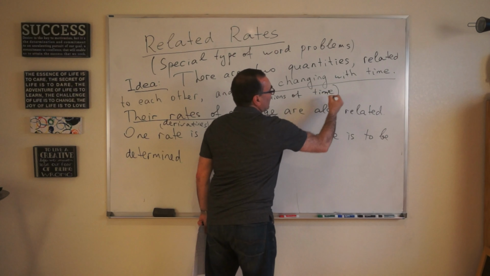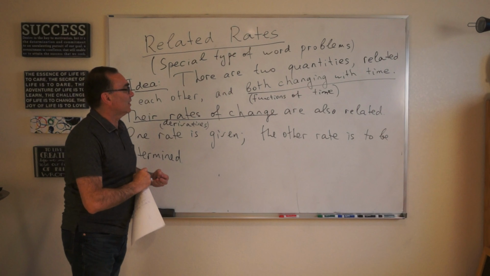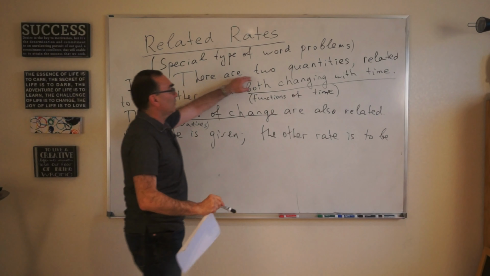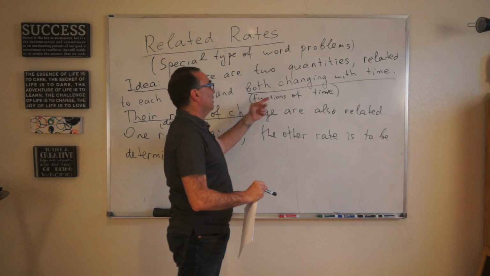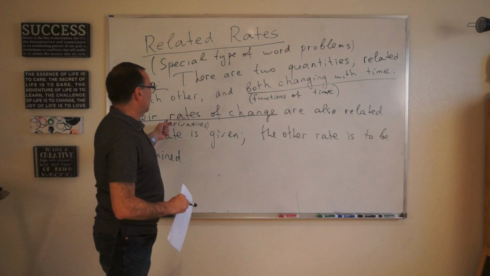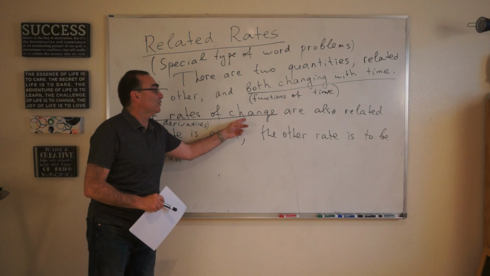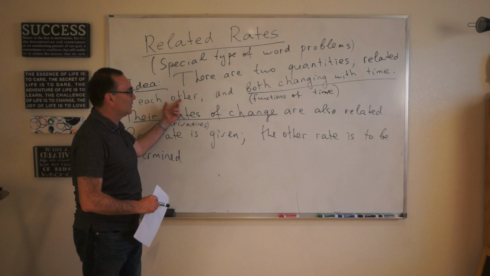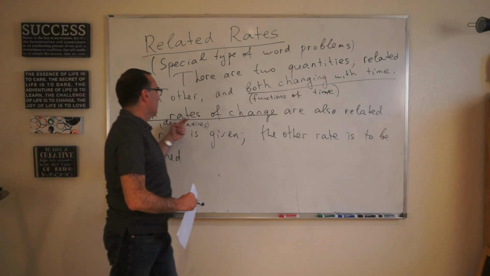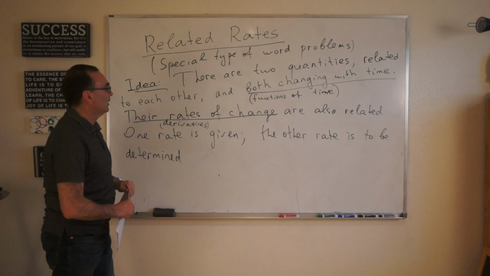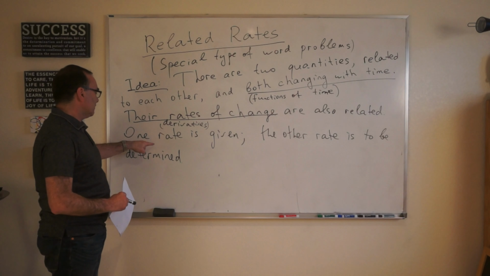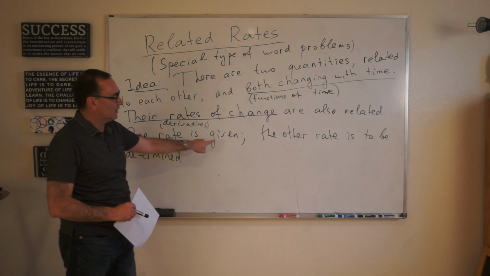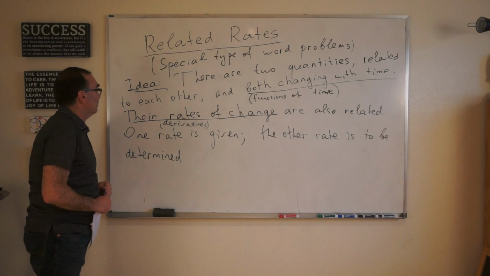So altogether we have actually four quantities around: the two original quantities, each a function of time, and their derivatives, which are also functions of time. And out of those derivatives, one rate is given, and the other rate is to be determined.